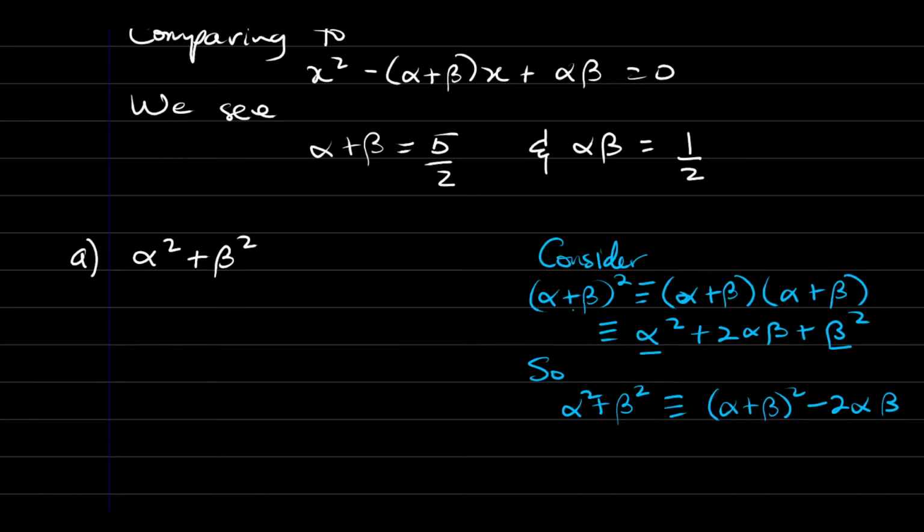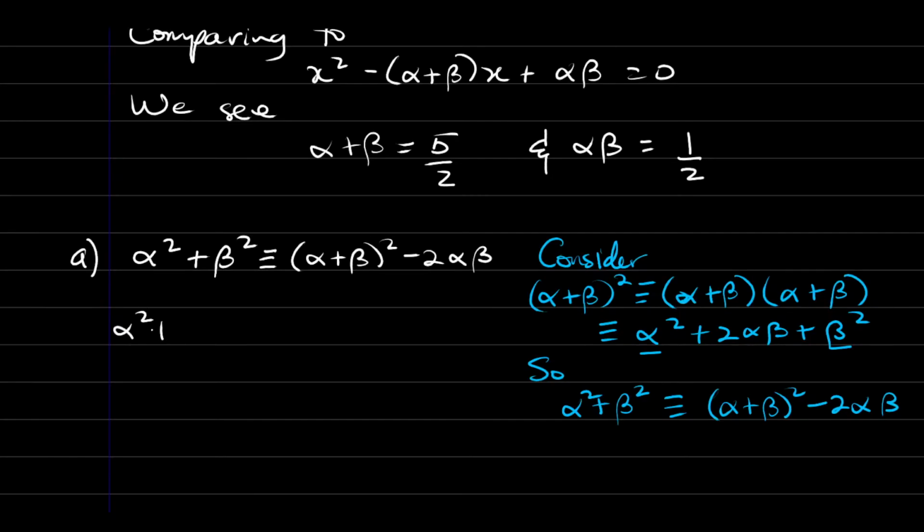So this is equivalent to alpha plus beta squared minus 2 alpha beta. Okay, now you can memorize this, or you can just learn how I did it here and realize it's very simple to follow along how to get it. All right, now all I have to do is just do my replacements.